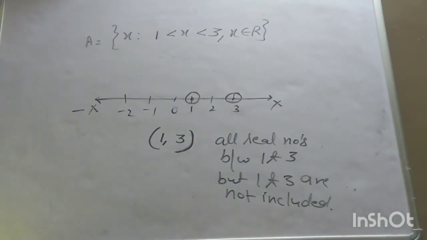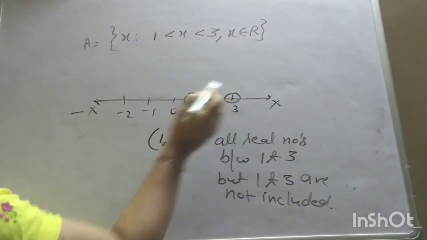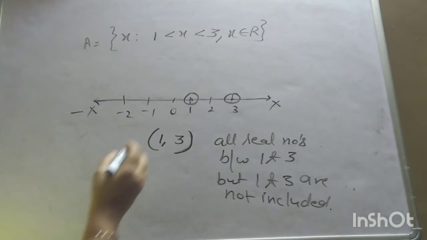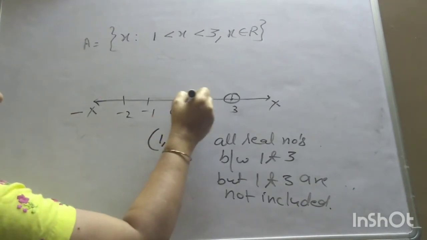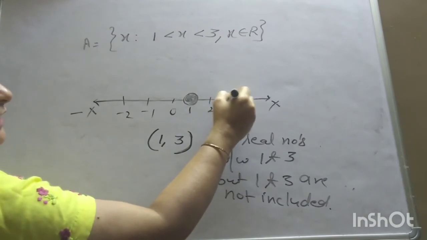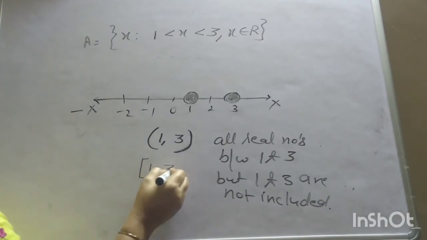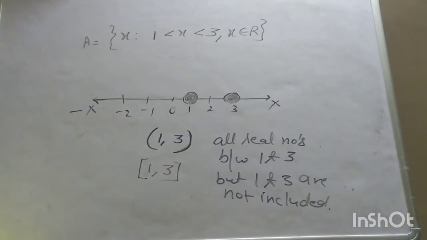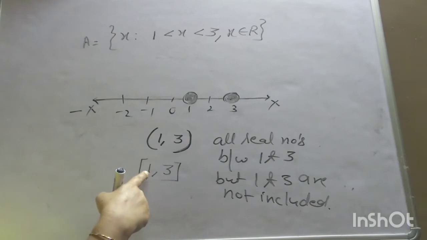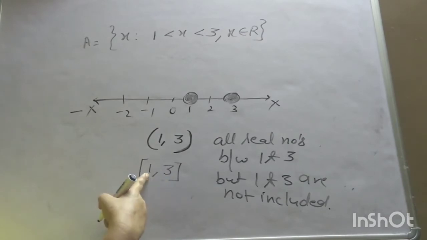Now, if we have a number which lies between 1 and 3 and also includes 1 and 3, then we can write it as closed interval [1, 3]. It means all real numbers between 1 and 3, also including 1 and 3.